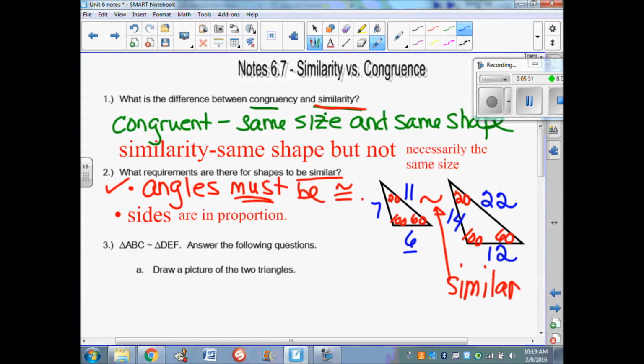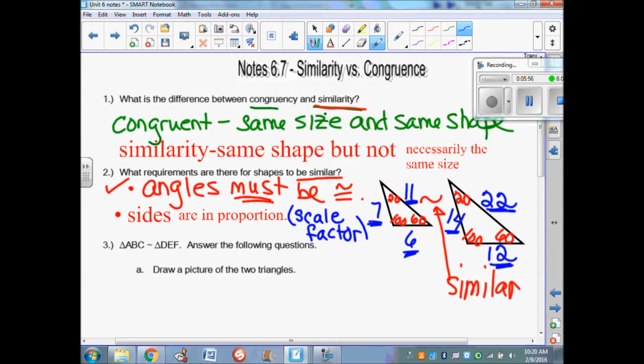Compare 6 to 12. Compare 7 to 14. Compare 11 to 22. So if the sides are in proportion, I think you guys talked about this last year, there must be a scale factor.